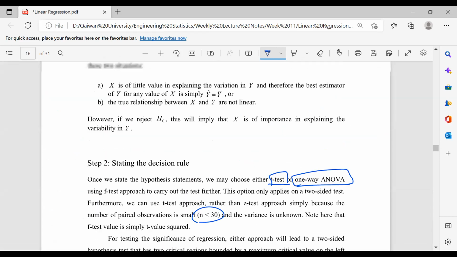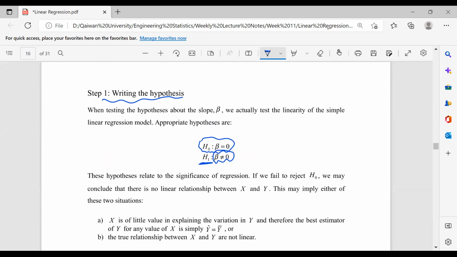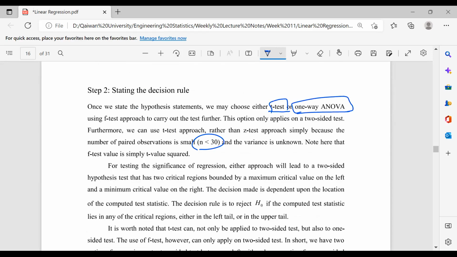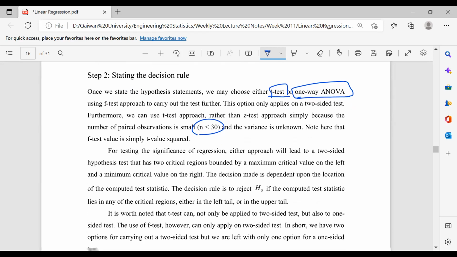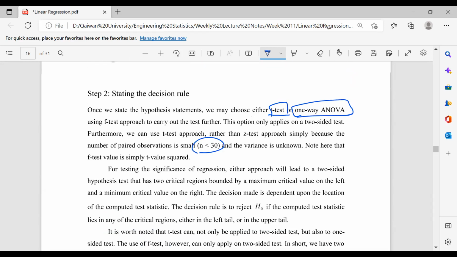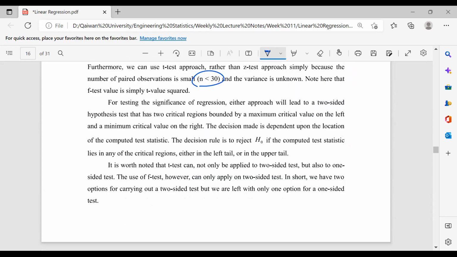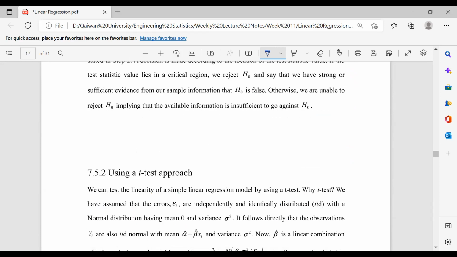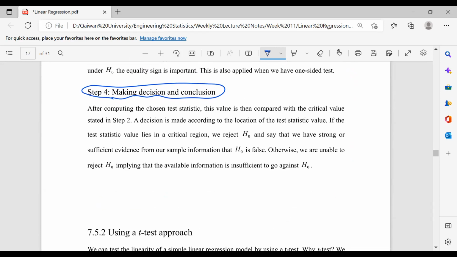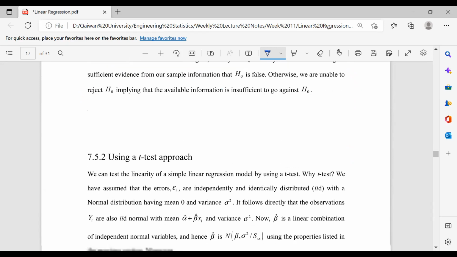In step 1, we just write down the hypothesis. In step 2, we find T and F from the table. And in step 3, we find the test statistic, which is a formula which will be given later on for each. Then in step 4, we make the decision. And the decision is either rejecting H note or failing to reject H note.